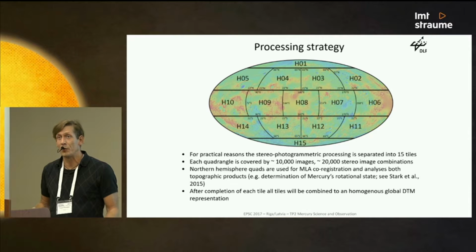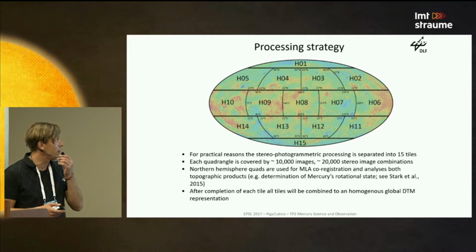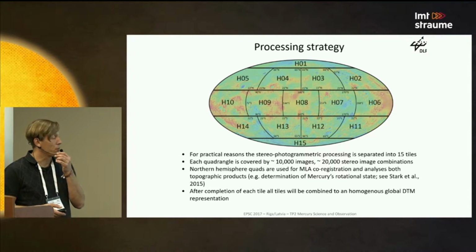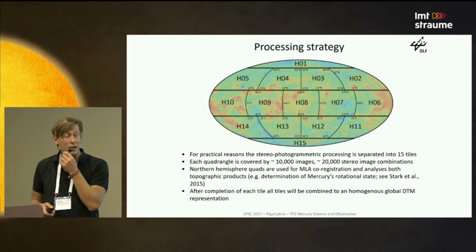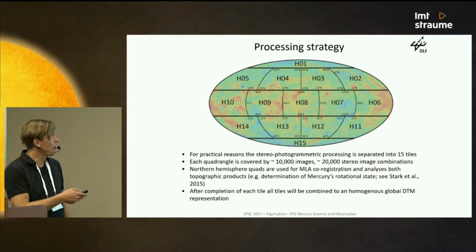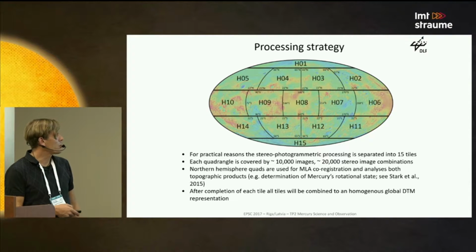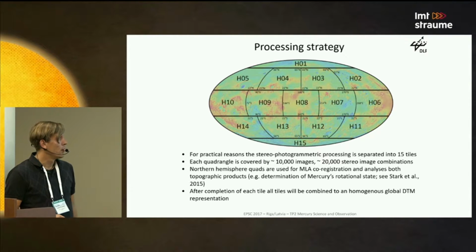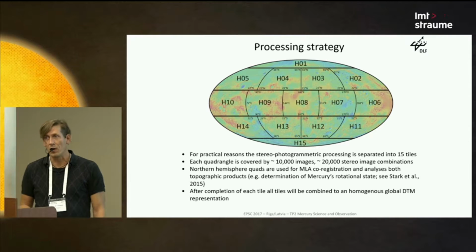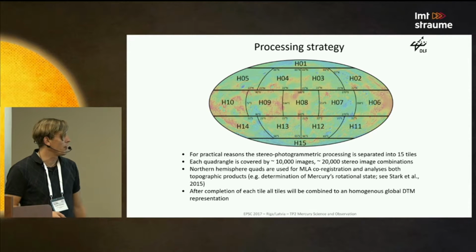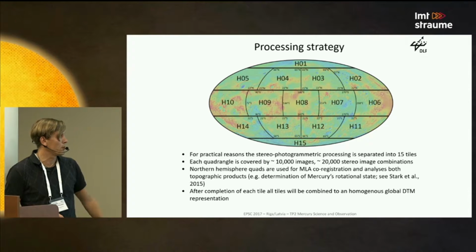Our processing strategy is here. We have divided our surface into 15 tiles. You can see it here. Each quadrangle is covered by nearly 10,000 images, and from that we have almost 20,000 stereo image combinations, some quadrangles more and some less than that.